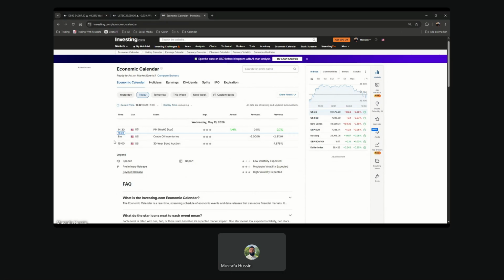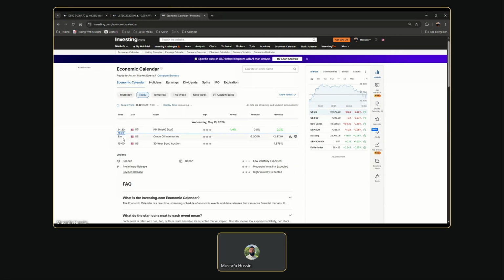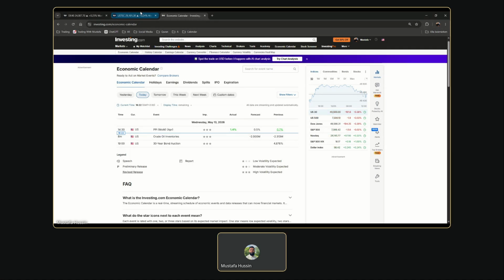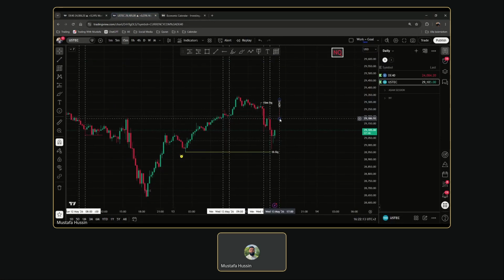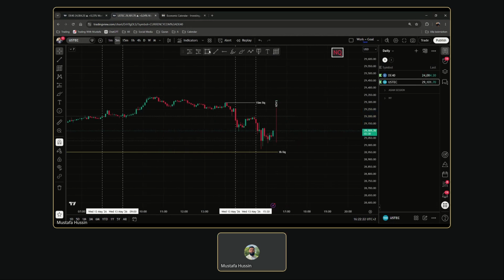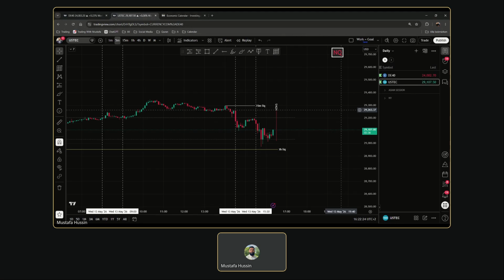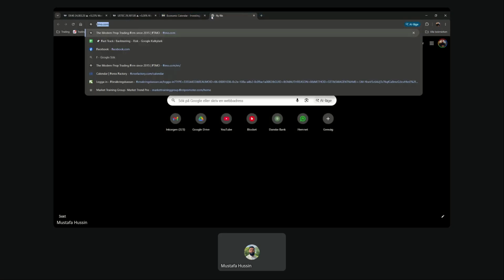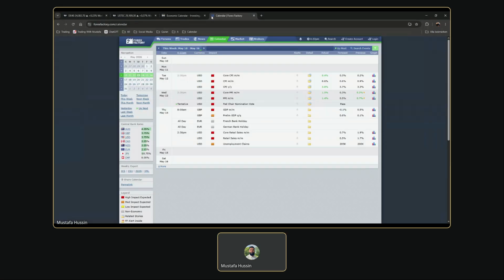There are crude oil inventories coming out at 4:30 in about 8 minutes. So I marked this out not correctly. It should be at 4:30. So these are the news coming out, crude oil inventories. Let me double check the Forex Factory if I missed anything.